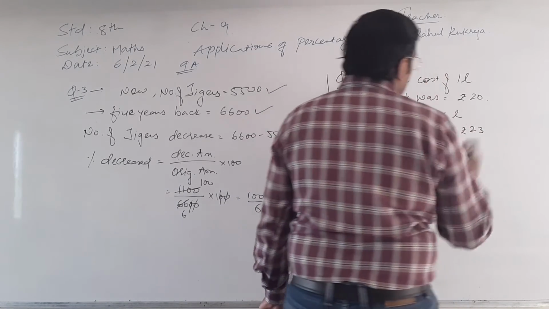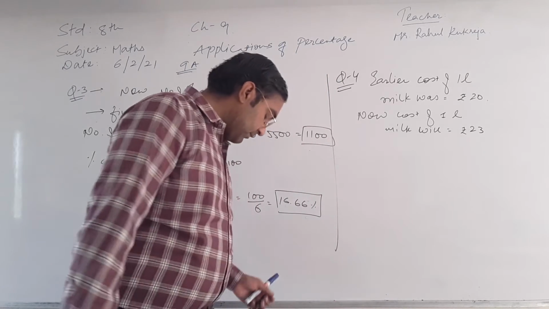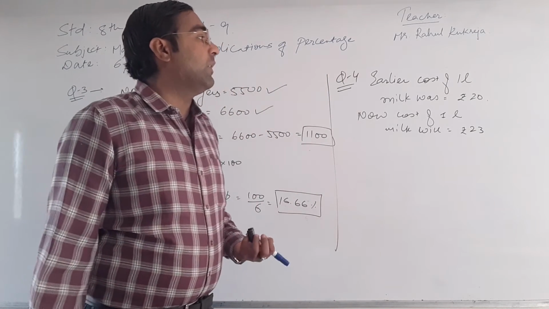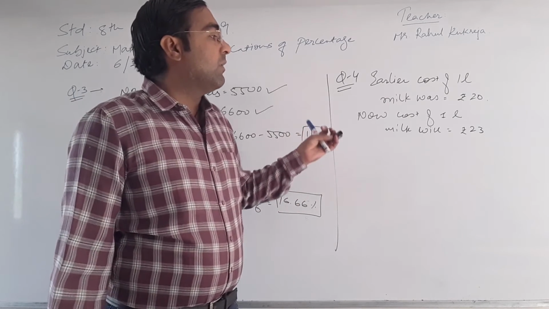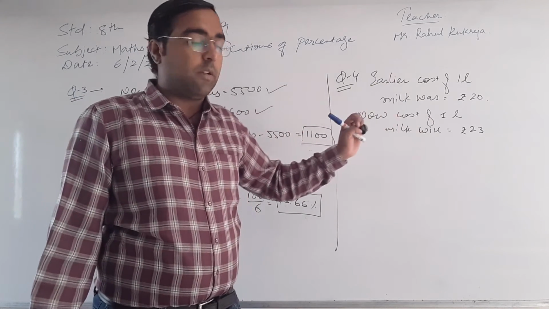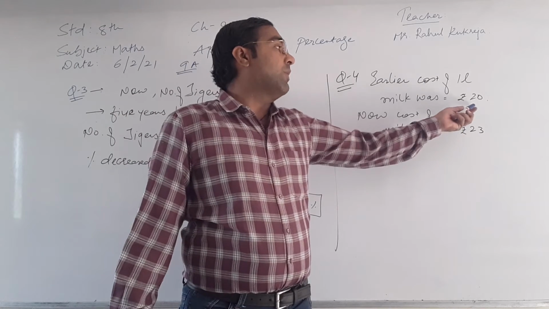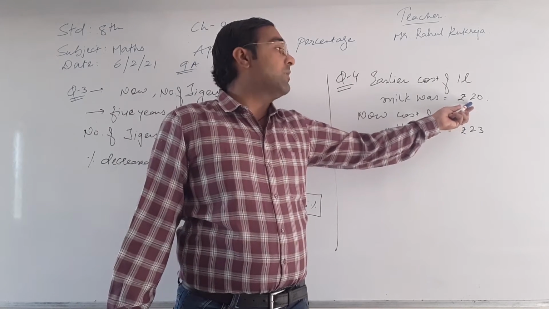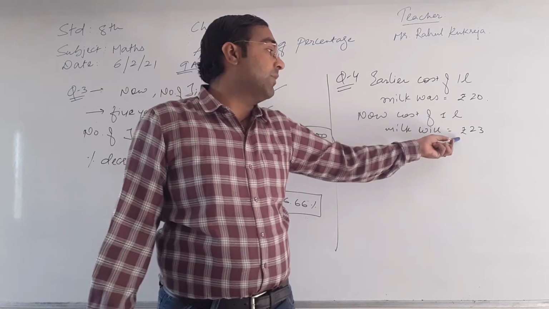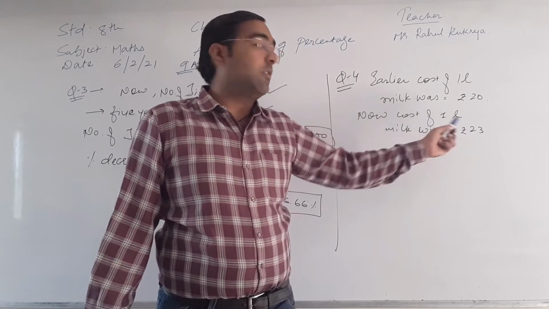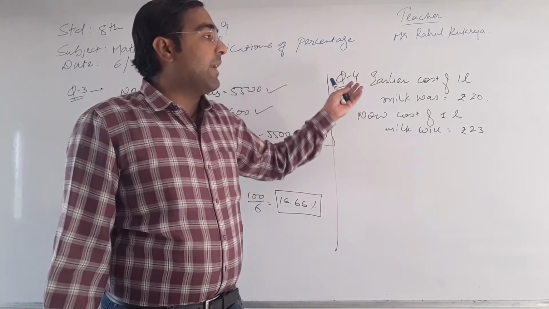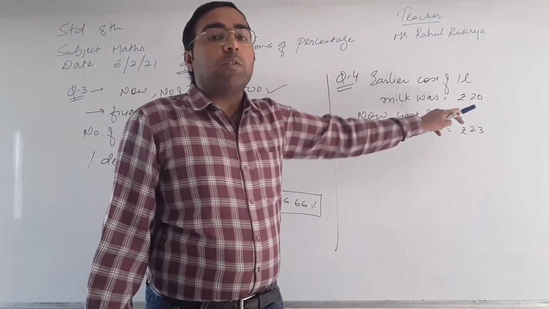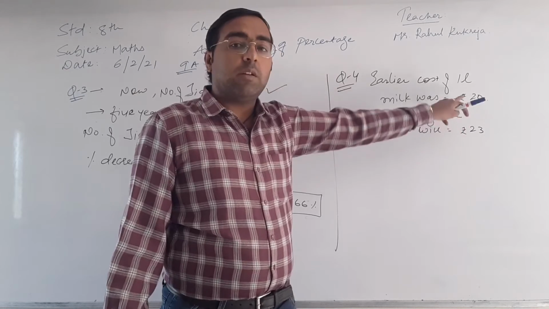Okay, so from the earlier, cost of the milk is increased. Clear? Earlier cost of the 1 liter milk was rupees 20, and now cost of the milk will be 23. So from the last, now cost of the milk is increased.